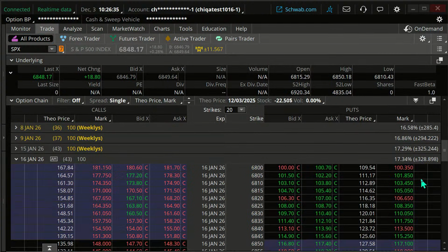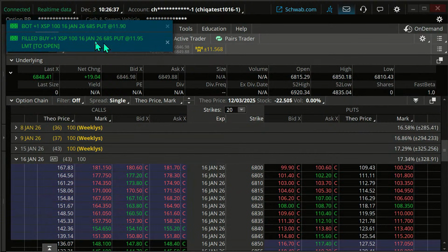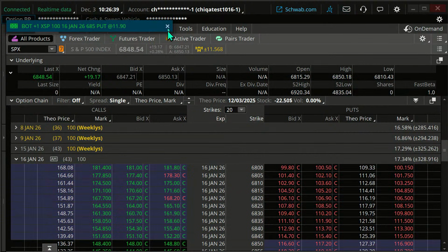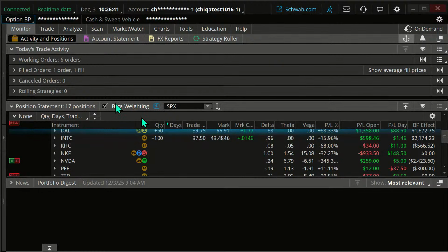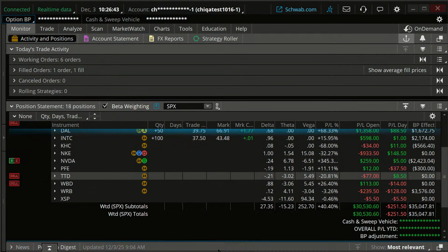Now we filled that. And now, looking at my overall portfolio, look at my delta, about 27 and a half, just like we said. So there you go. Consider your whole portfolio as you're adding on new trades.